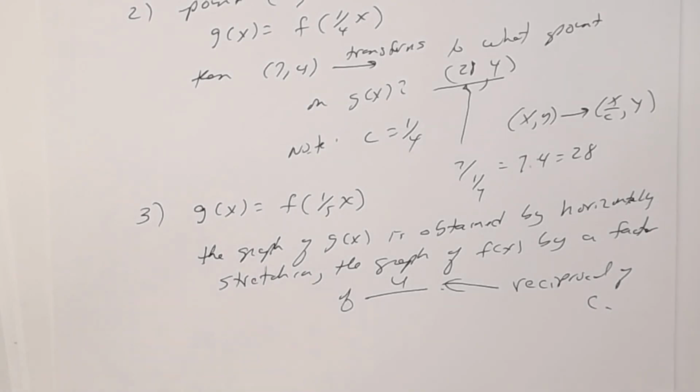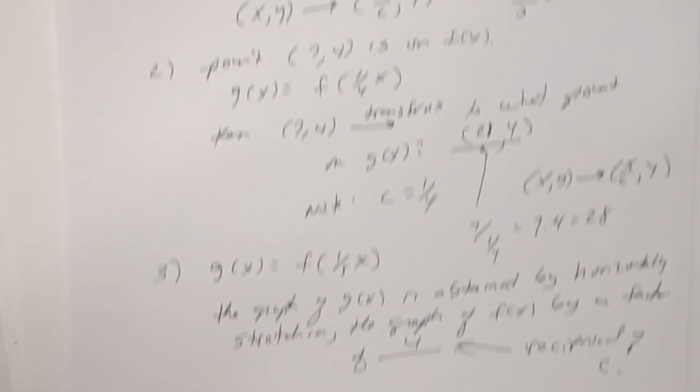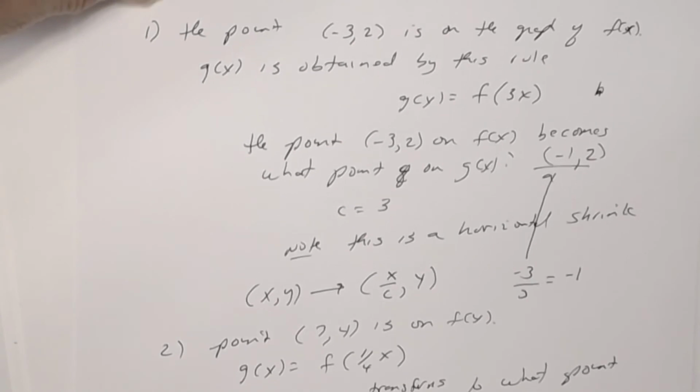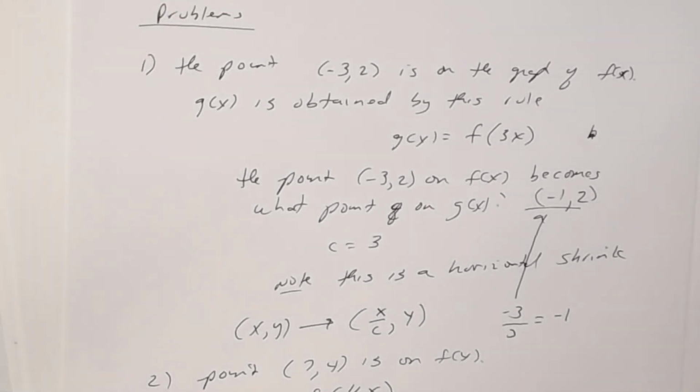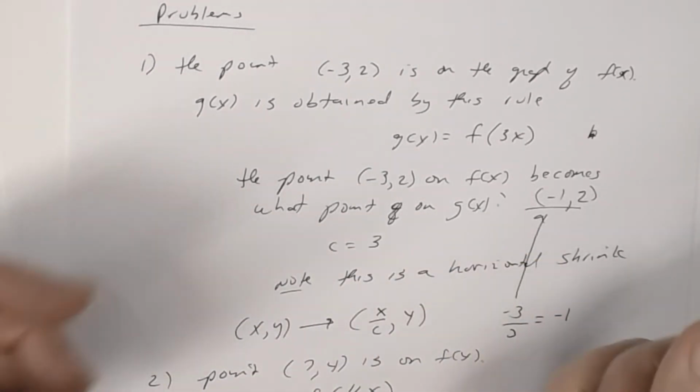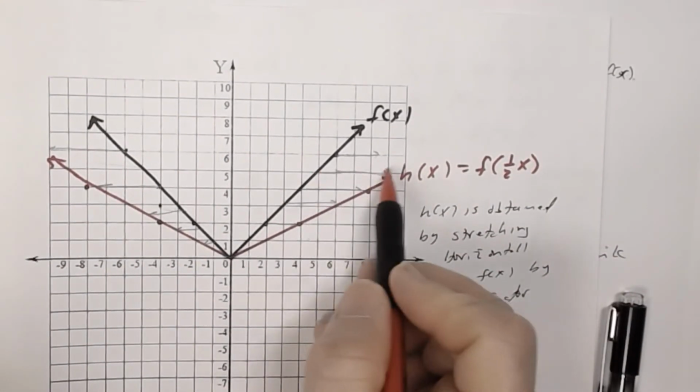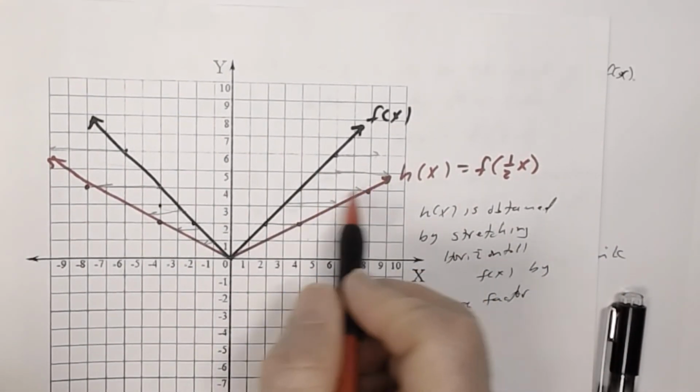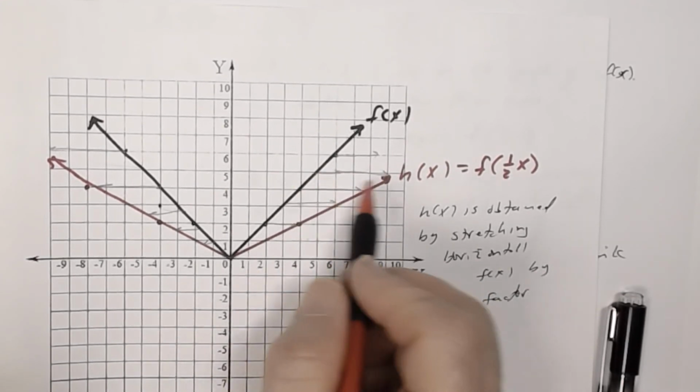Okay? All right. So that, I think, may help you. I'm hoping that this idea is going to help you with understanding what that horizontal stretch means. So remember, these are not the same distances.